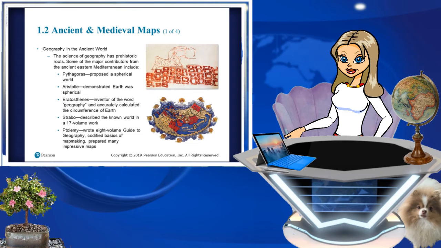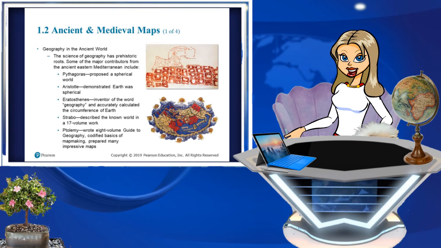Eratosthenes was the inventor of the word geography, and he actually calculated the circumference of Earth. Strabo described the known world in a 17-volume work, and Ptolemy wrote an 8-volume guide to geography, codified the basics of map making, and prepared many very impressive maps.